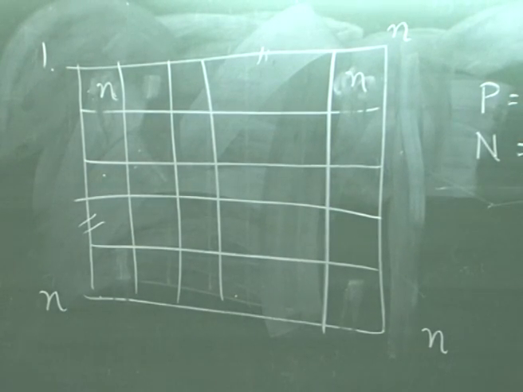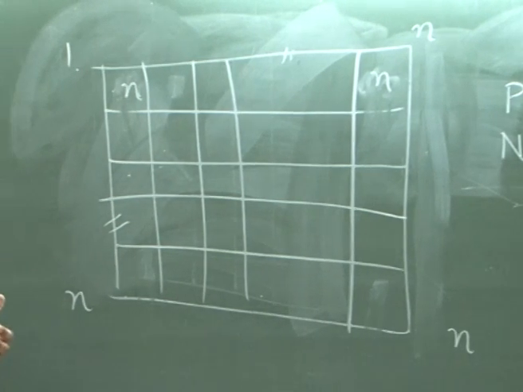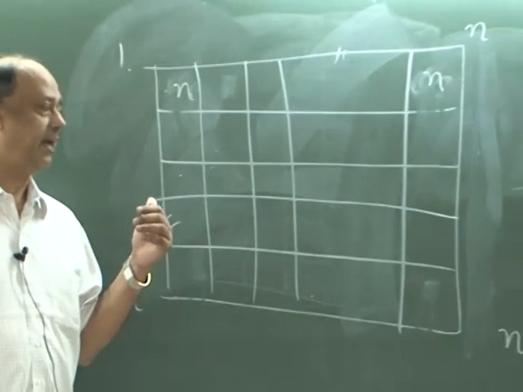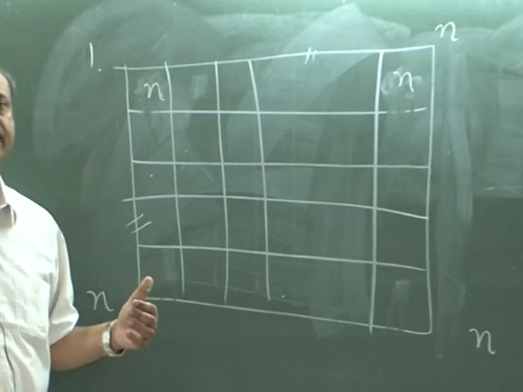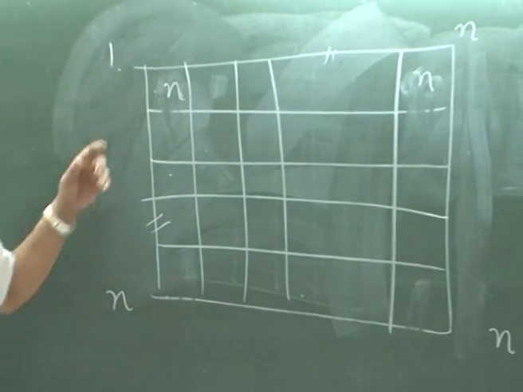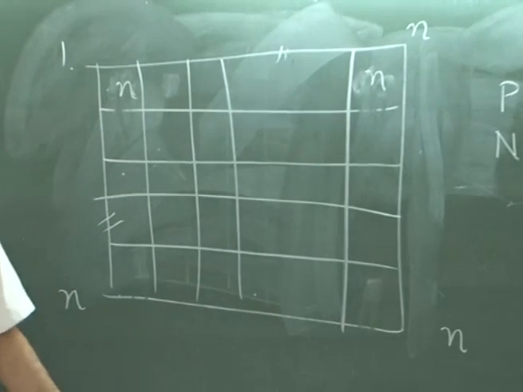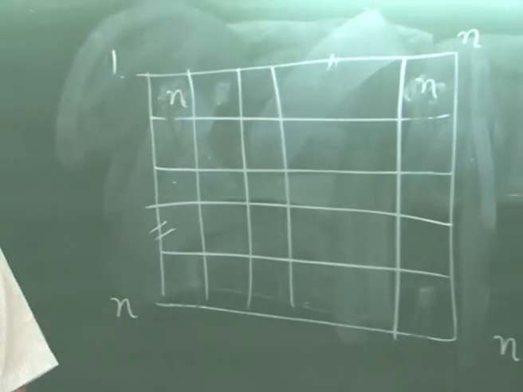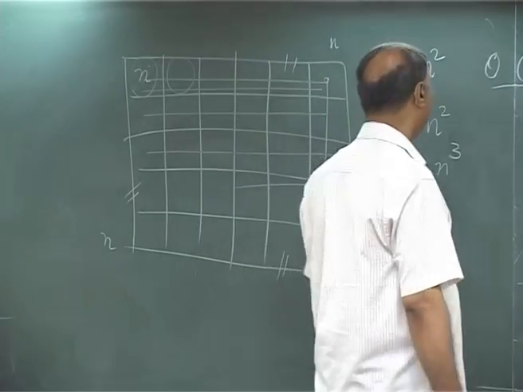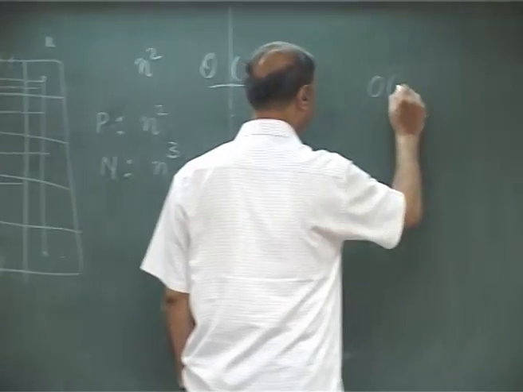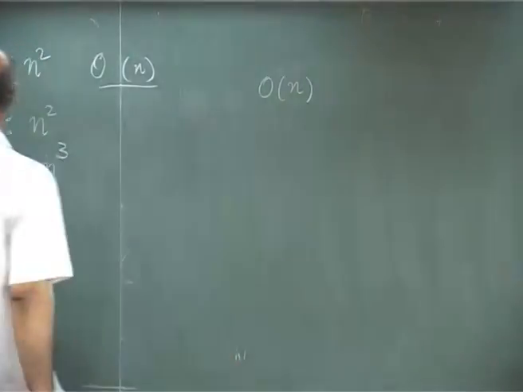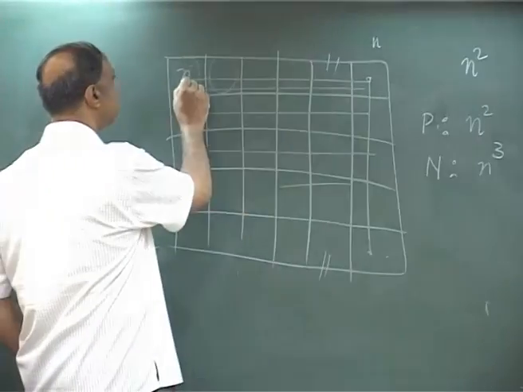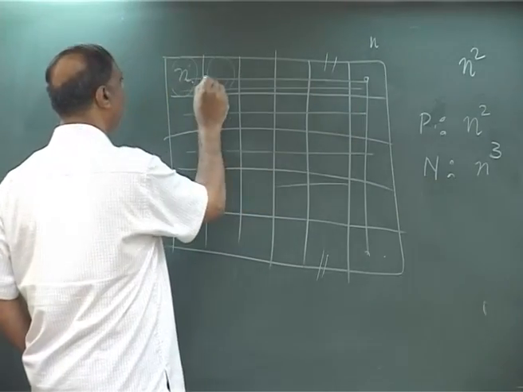So, the problem can be redefined as you have n square processors and n cube elements. These n cube elements are distributed in such a way that every processor contains n elements assigned to it, which takes order n time, and then these sums are to be added here one by one.